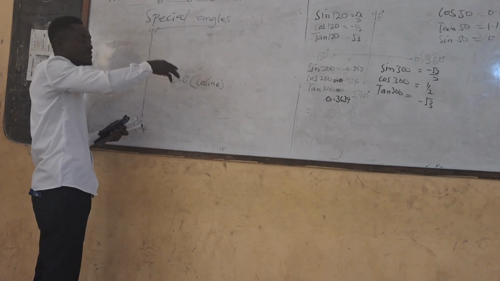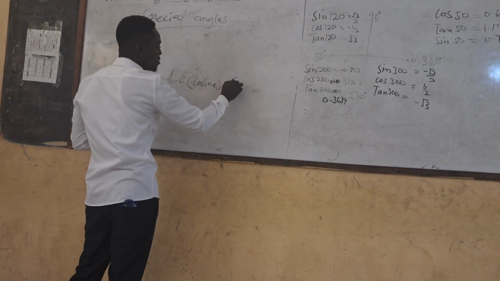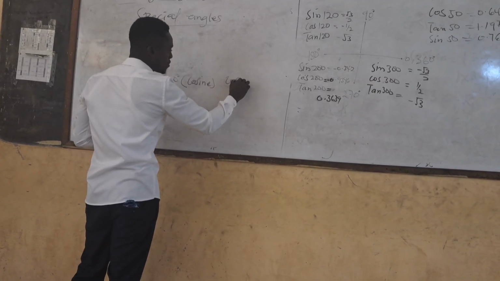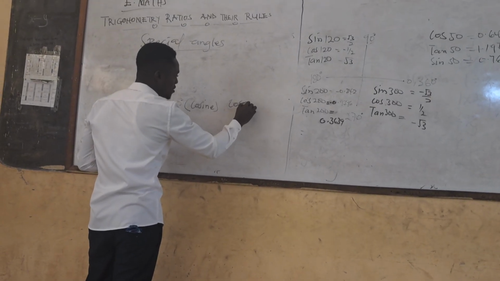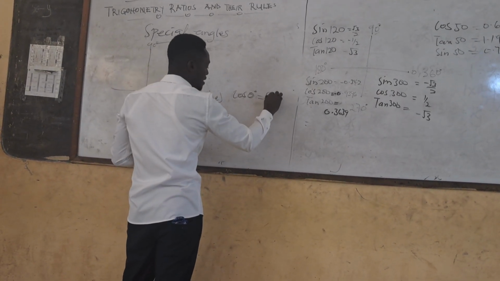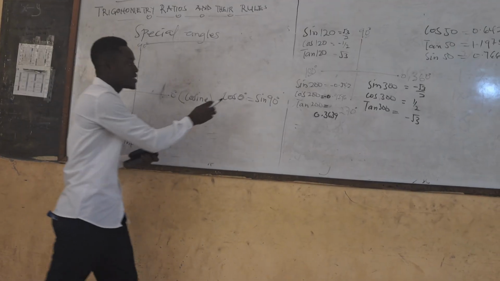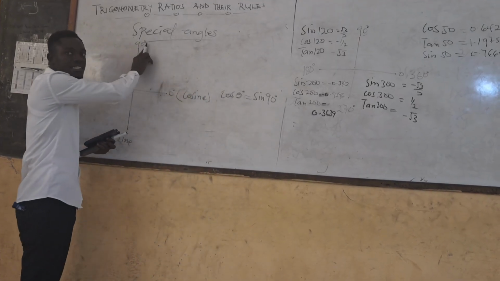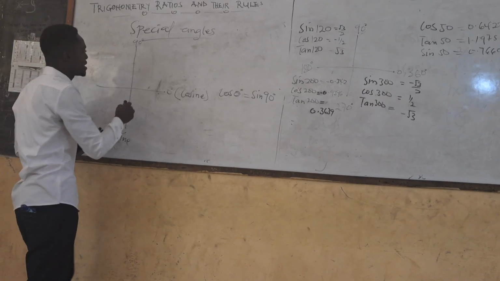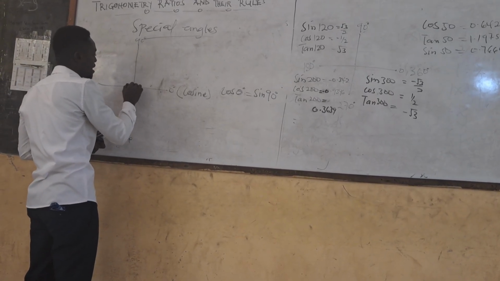So these are the special, meaning all that we are saying is that cos 0 degrees is equal to sine 90 degrees. Because if I sum these two values, it gives me the highest sum of that quadrant. Are you okay?